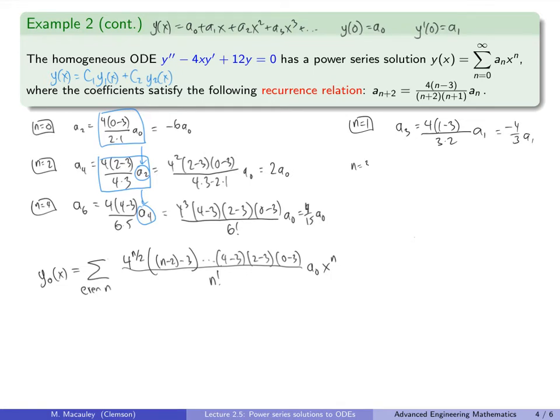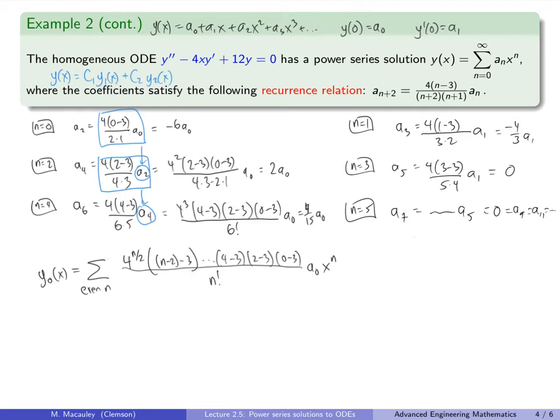And if n equals 3, then we get that a5 is 4 times 3 minus 3 over 5 times 4 times a1. That's equal to 0. So if n equals 5, we get that a7 equals something times a5, but a5 is 0. So this is equal to a9, a11, etc. All of the odd terms are 0.